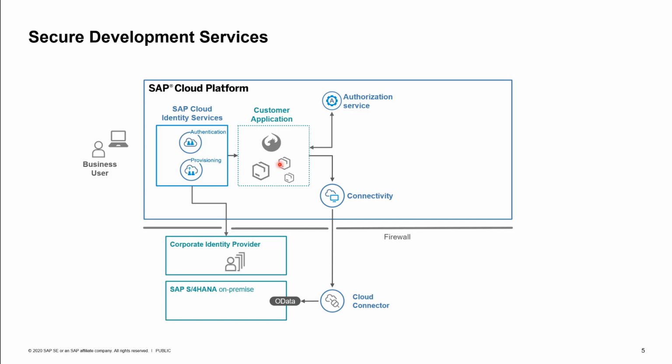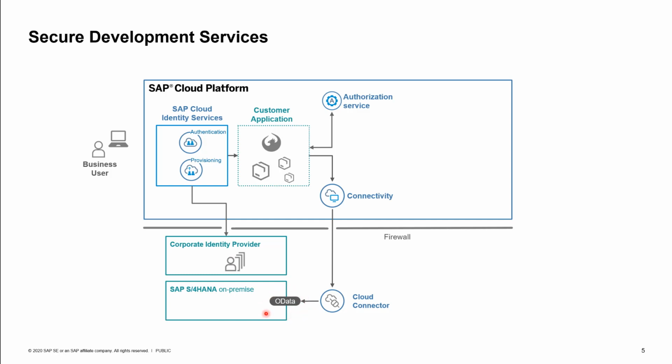Then of course you can connect also to your on-premise system. You're doing that via the connectivity services on the SAP Cloud Platform side. On the on-premise side, there is the SAP Cloud Connector, and then you can securely access your data via OData. You can also use other technologies.